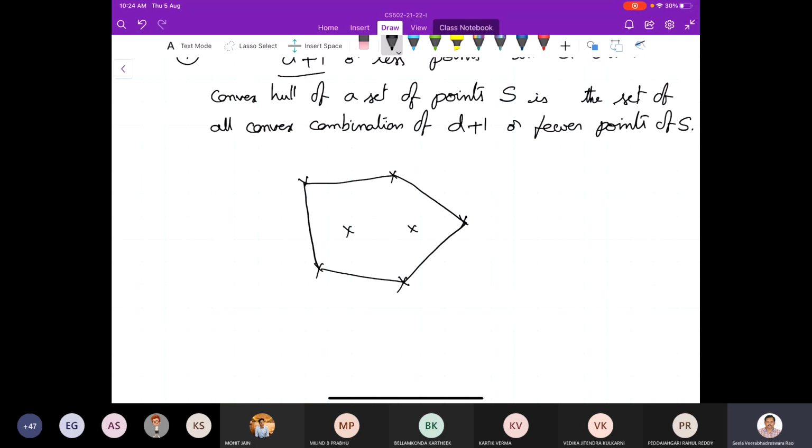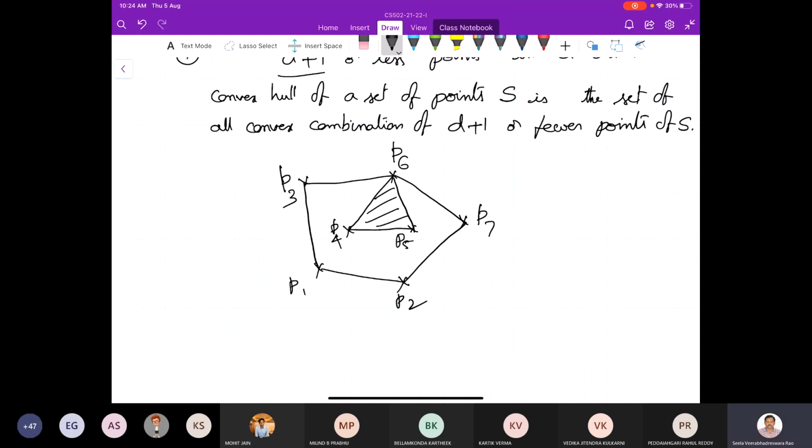You take any 3 points. For example, I'll name them P1, P2. So let's take points P4, P5, P6. All convex combinations of these 3 points is nothing but this triangle.